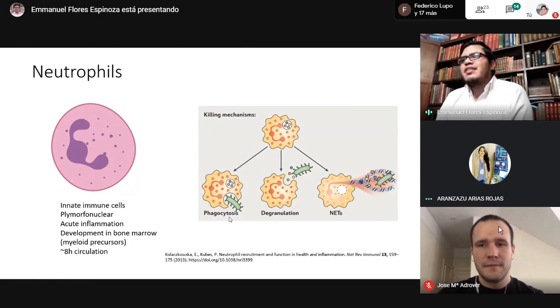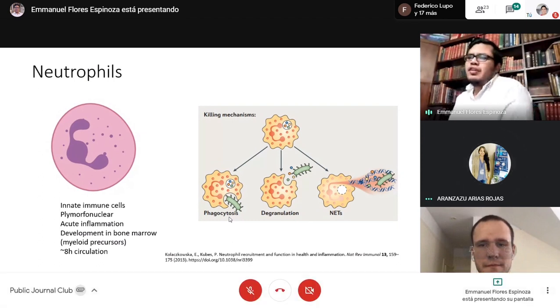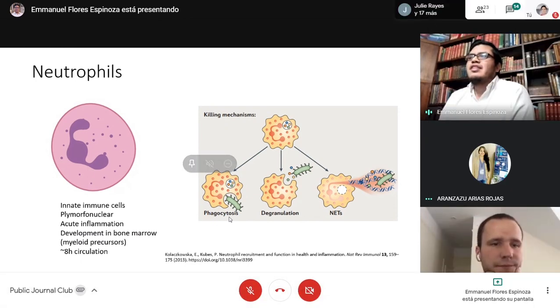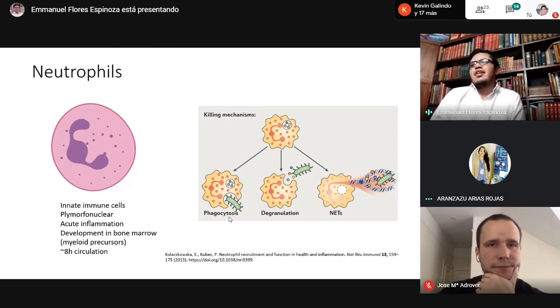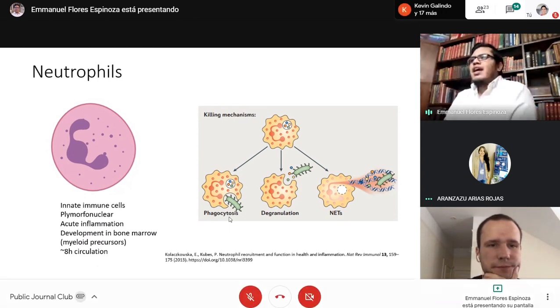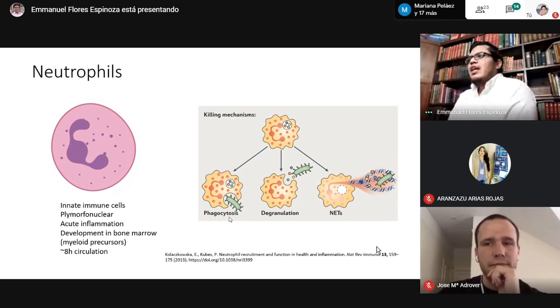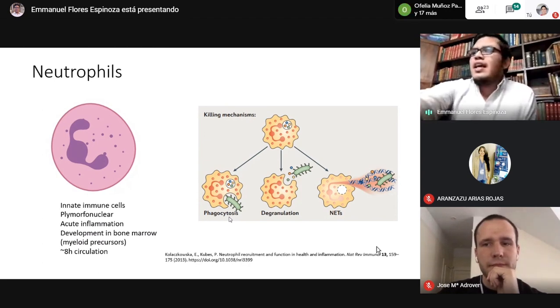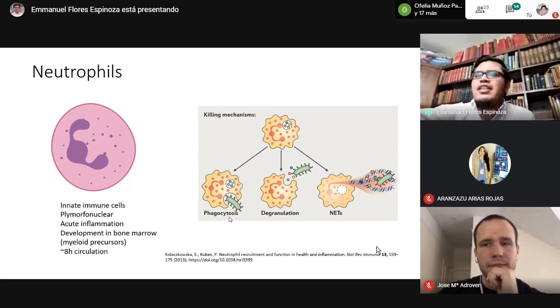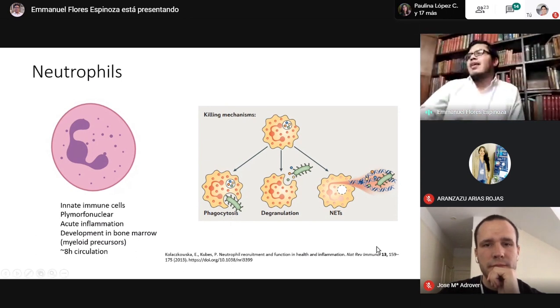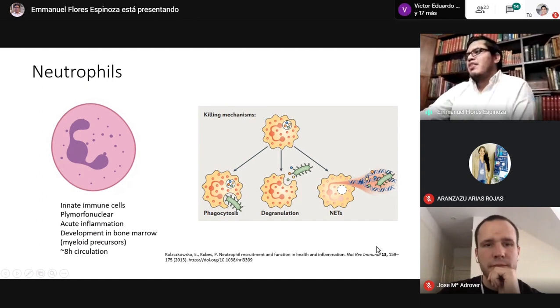These cells develop from myeloid precursors, and when they are in a ready stage, they go out from the bone marrow and are released into the blood circulation, where they have a half-life of approximately 8 hours in humans. Neutrophils have diverse effector functions, but the principal ones can be categorized into 3 different responses.